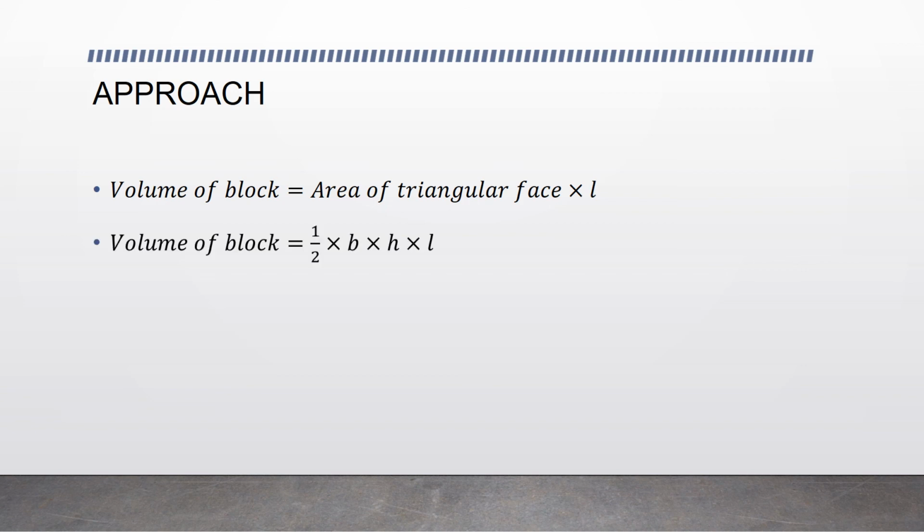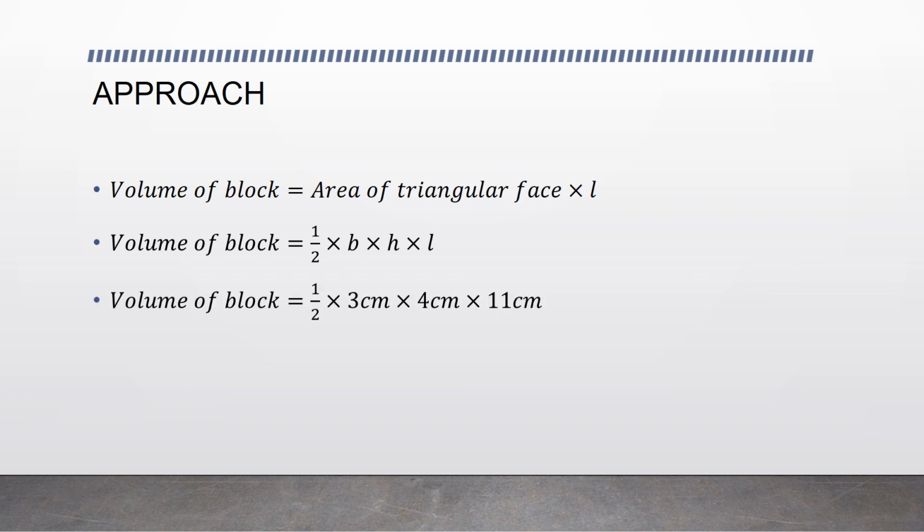Approach. The volume of the block will be the area of the triangular face times length. Of course, its triangular face has area half times base times height. Then we need to multiply by the length.